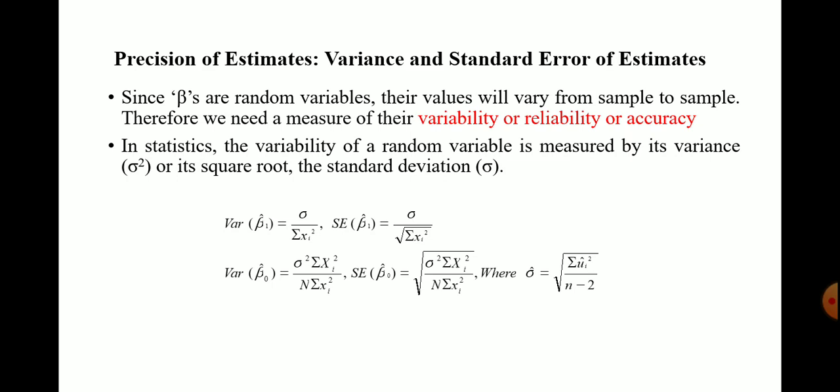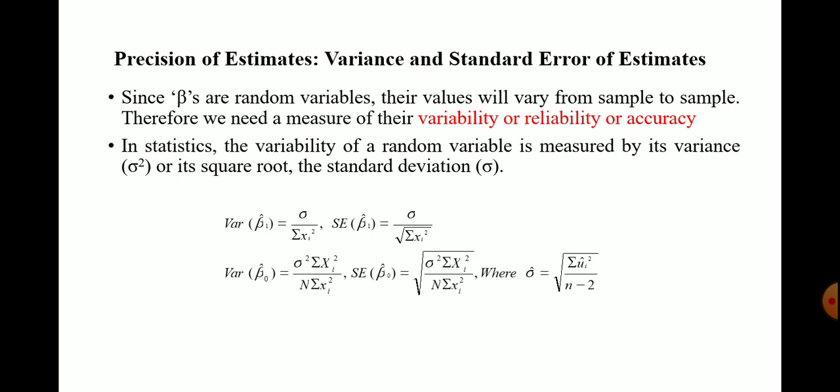Then how can we find out the variance? When we discussed these properties, we said that the variance should be minimum. So how can we find out the variance? That we will see in the first part of this video, and in the remaining part we will discuss some hypothesis testing procedures about various statistics which we have derived from the regression model.